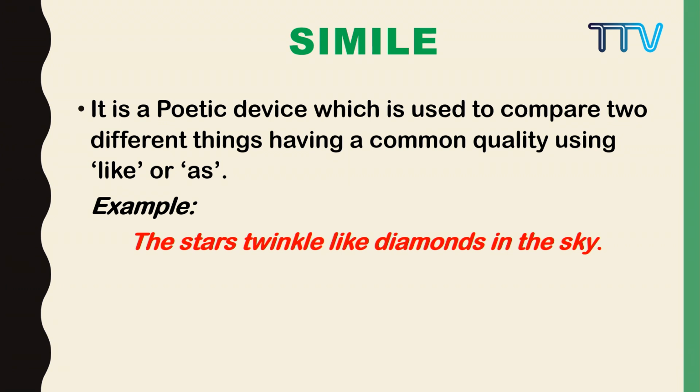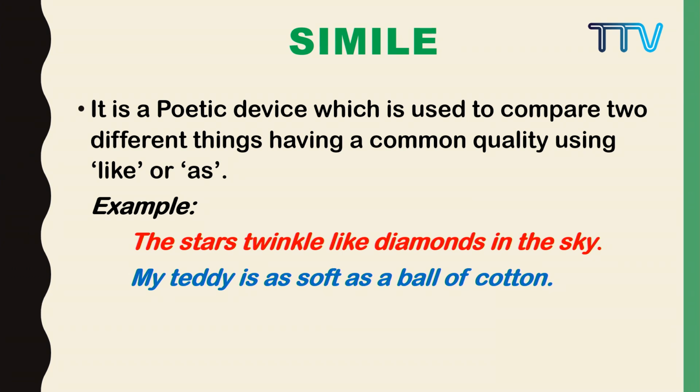Another example: my teddy is as soft as a ball of cotton. Here you are comparing your teddy bear to a soft ball of cotton, and you are using as instead of like.